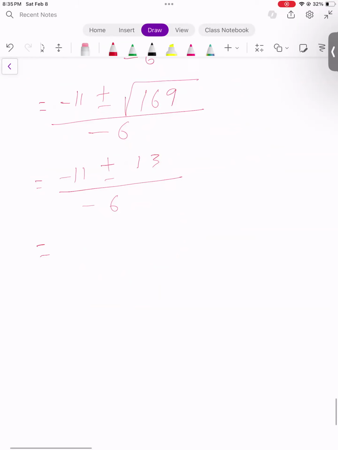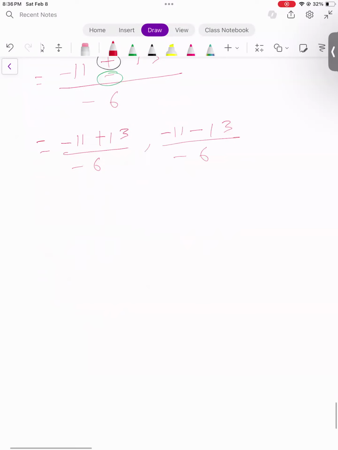Now let me take positive sign, so that makes the expression negative 11 plus 13 divided by negative 6, comma, let me take negative sign, so everything remains the same. You are only taking a positive once and negative the other time, so negative 11 minus 13 divided by negative 6.